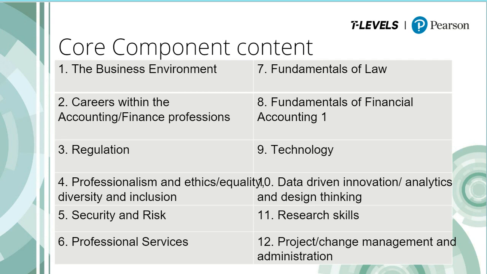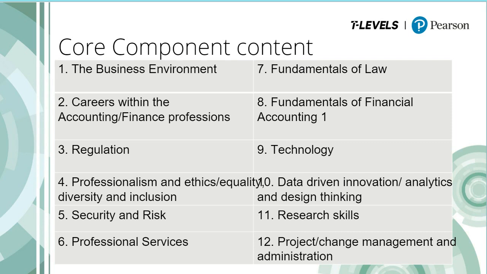So let me give you some examples. In element 1, business environment, in 1.1.2, contribution of finance businesses or contribution of accounting businesses are listed. So there, the difference is that it's a contribution of finance businesses and a contribution of accounting businesses, and it's split slightly differently.